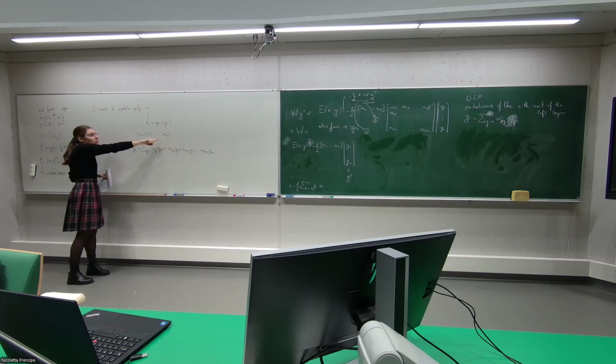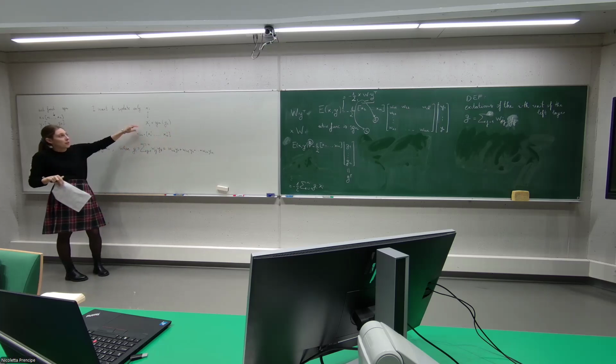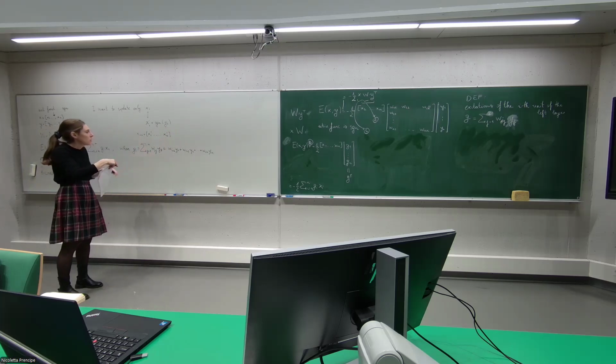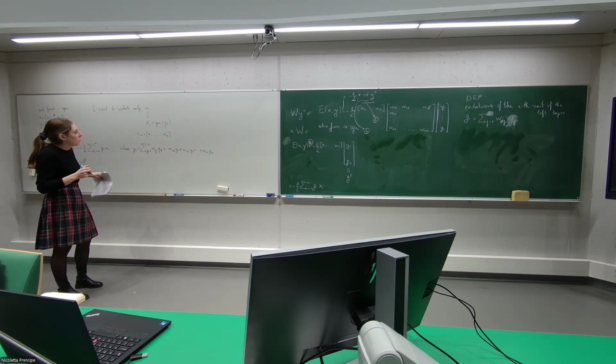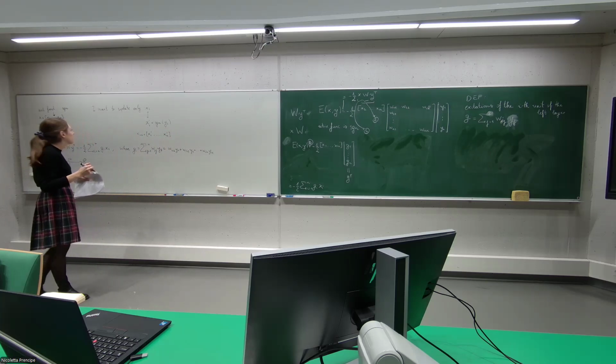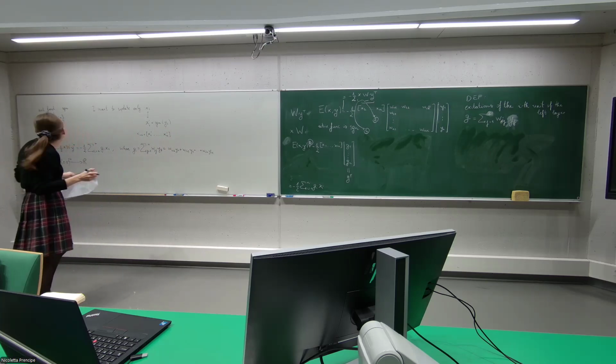We name its coordinates in this way, x1 prime and so on, and xi prime is this.